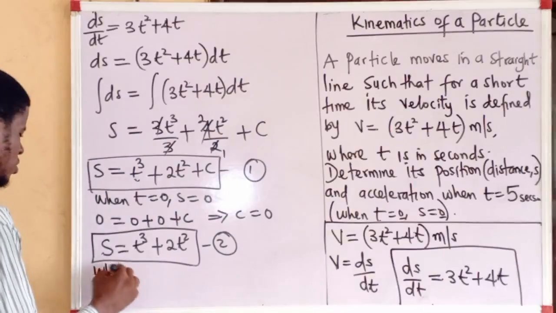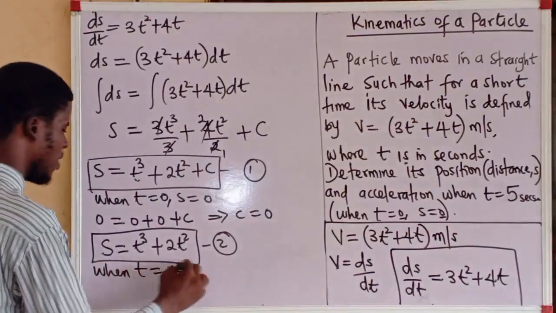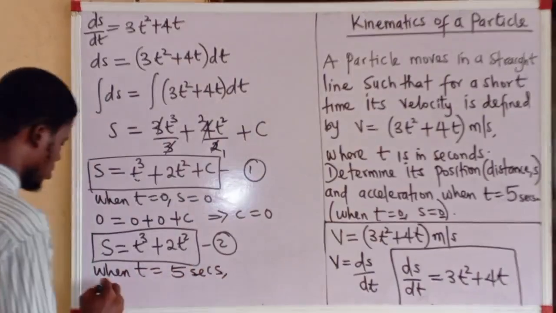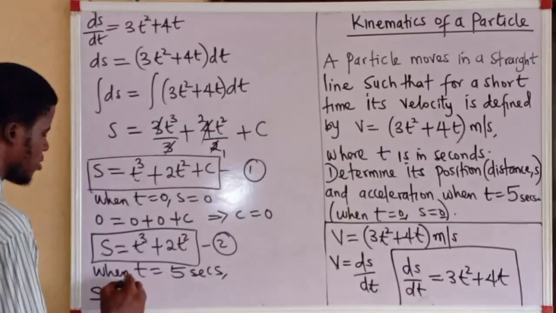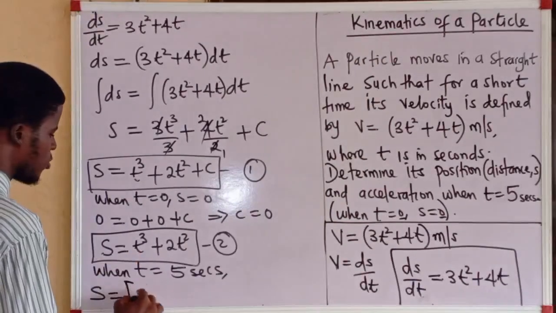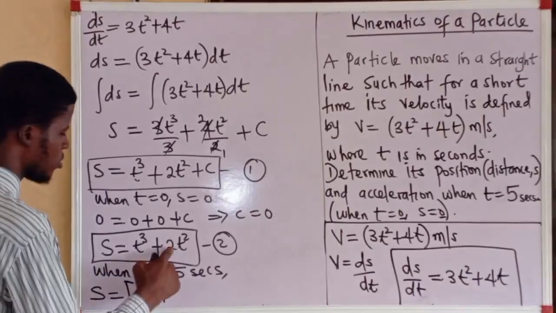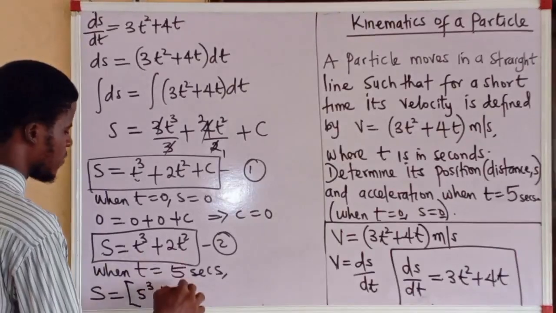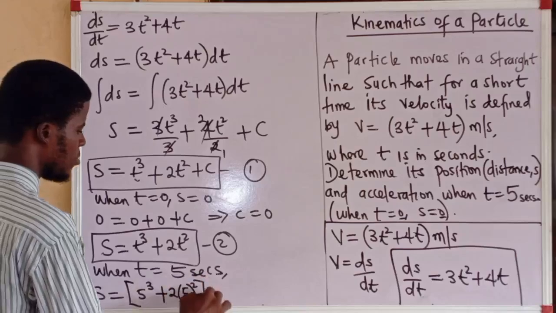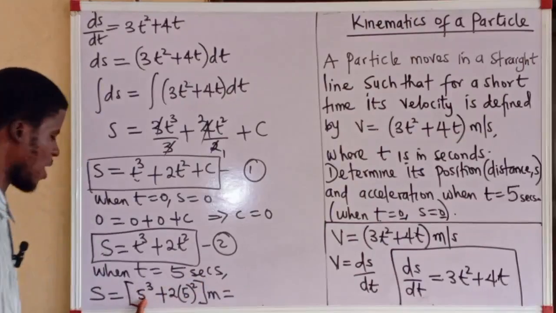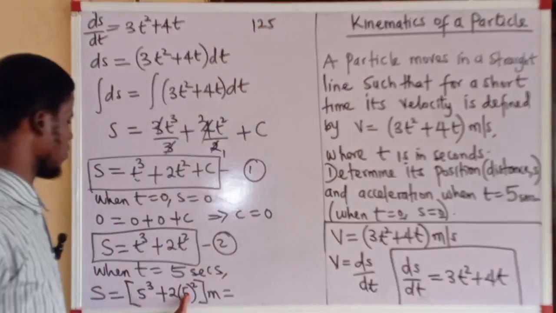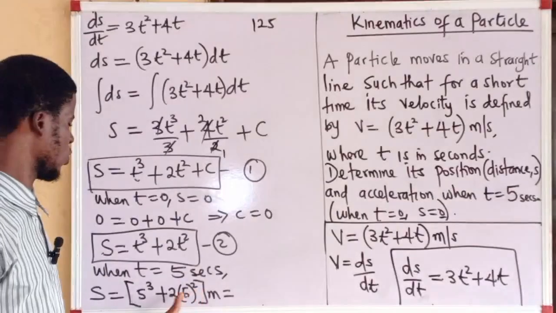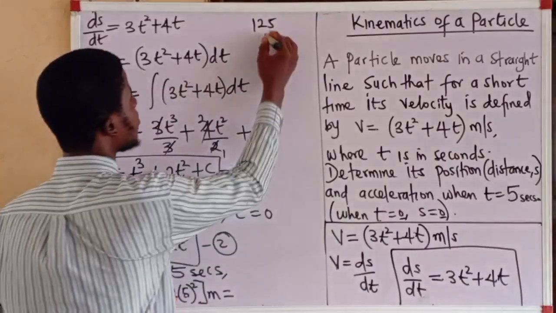So when t is 5 seconds, the distance is 5 raised to the power 3 plus 2 into 5 squared meters. 5 raised to the power 3 is 125. 5 squared is 25, and 25 times 2 is 50.